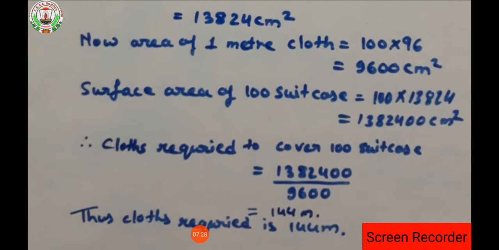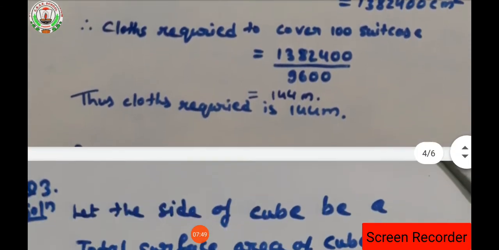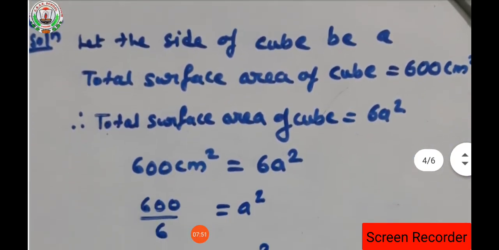The cloth required to cover 100 suitcases: we are going to divide the surface area of 100 suitcases by the area of 1 meter of cloth, that is 13,82,400 divided by 9,600. We will get the required answer as 144 meter. Clear everyone? Now question number 3.